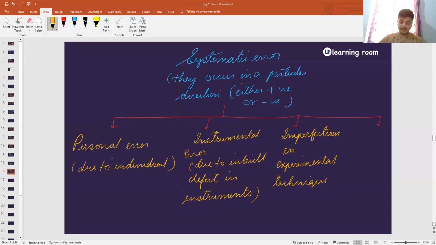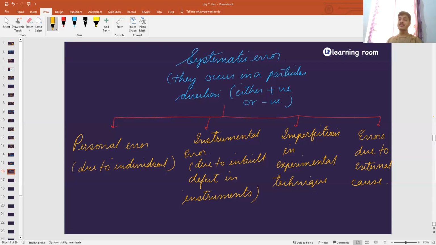And the last one is errors due to external cause. There are some external causes also, for example, attentiveness of person. Second thing, if the temperature has increased, the length of steel tape will also increase, because steel responds to temperature.